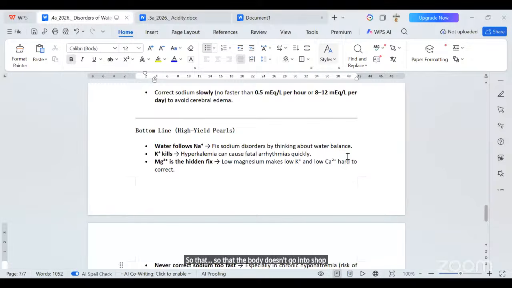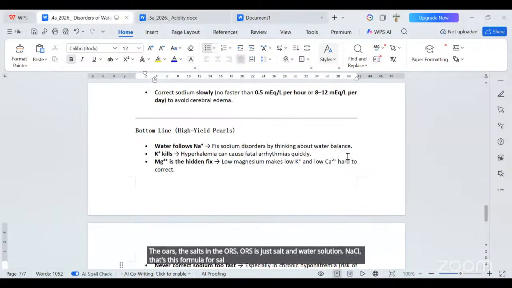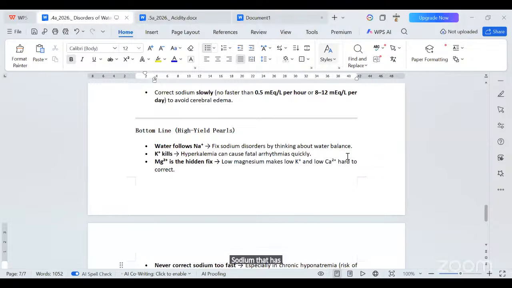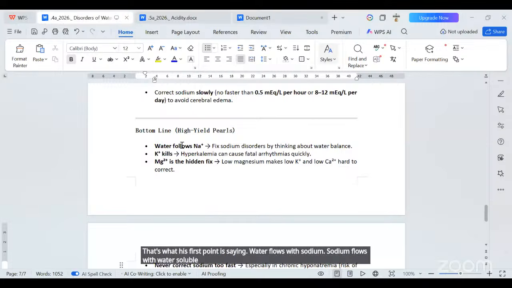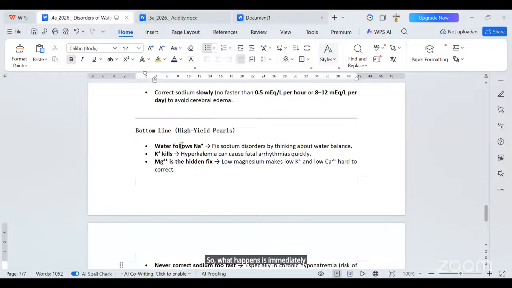The ORS is just salt and water solution. NaCl, that's the formula for salt, is to replenish the sodium that has been lost, because sodium leaches with water. That's what this first point is saying. Water flows with sodium. Sodium flows with water, is water soluble. So immediately you give ORS, and when the person is admitted, the person is put on drip to put back the water that's been lost.